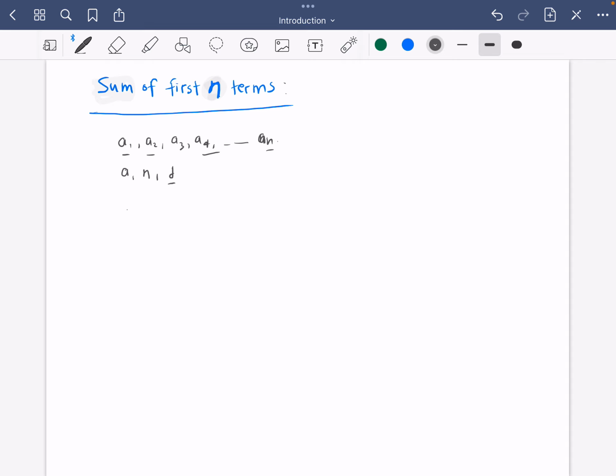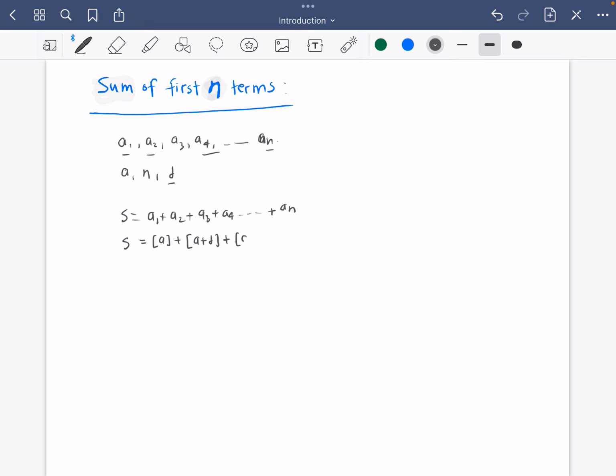So the sum of these terms is going to be the first term a1 plus a2 plus a3 plus a4, and let's say up to plus an. Now you know that a1 is going to be a, plus a2 is going to be a plus d. You know it from the general formula for an AP.